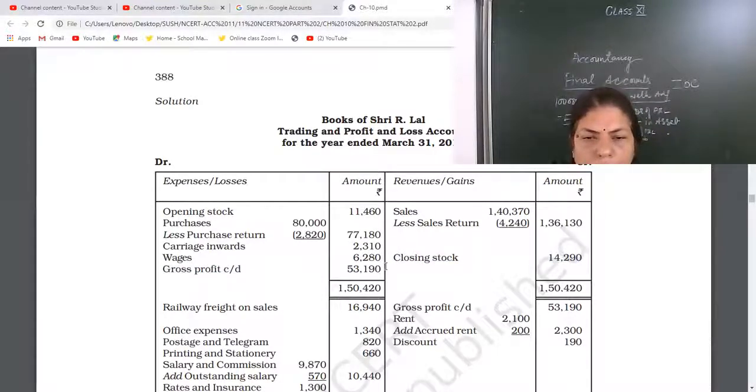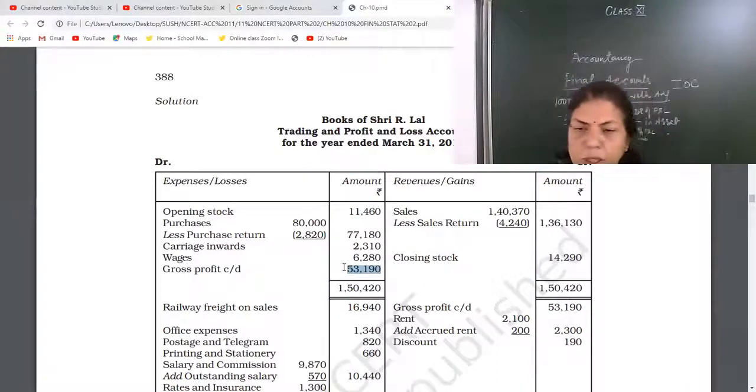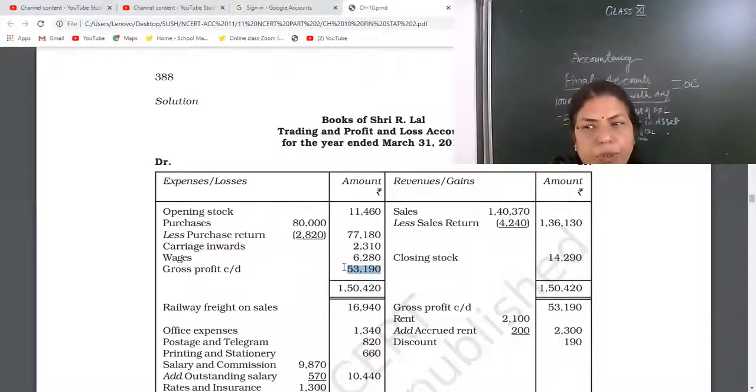Now come to calculate the gross profit. Yesterday also I explained how to calculate gross profit. Yes, please tell me how to calculate gross profit. Very simple. Just do the total on the rough side. Total of this side is 1,50,420 and subtract the total of these four items.